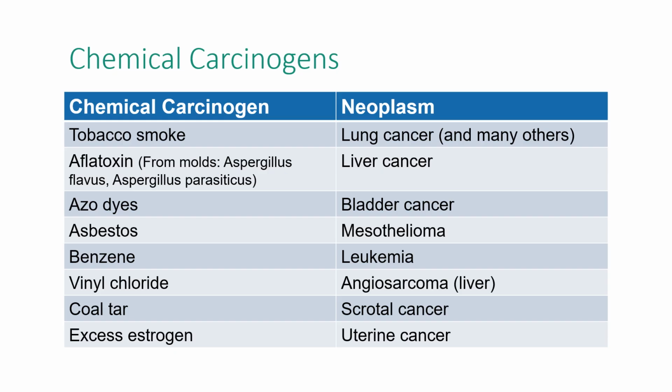Aflatoxin, you see liver cancer. It's a mold toxin that causes specific P53 mutations. Asbestos leads to mesothelioma. So we have physical fibers causing chronic inflammation, not direct DNA mutation. Benzene has been seen to cause leukemia, so it targets the bone marrow stem cells.